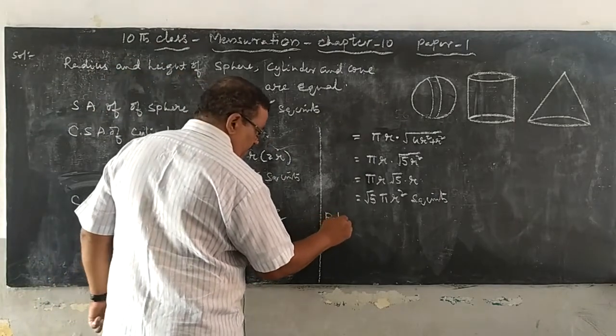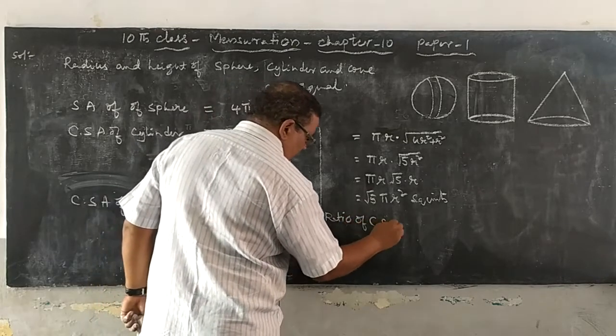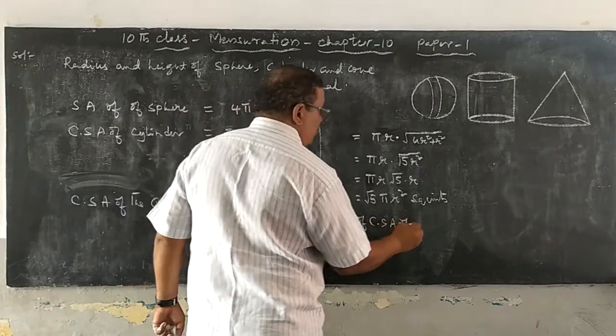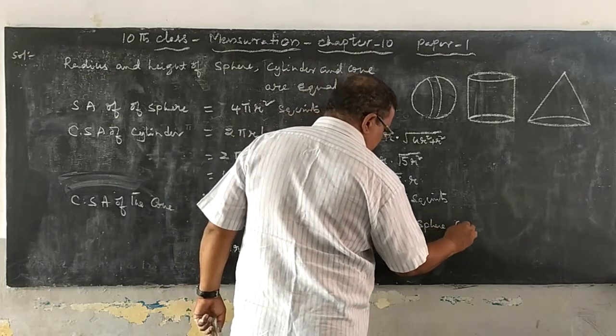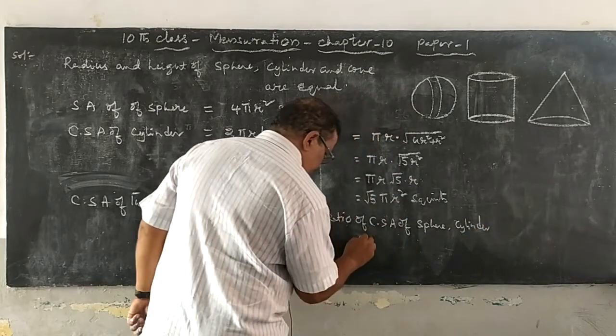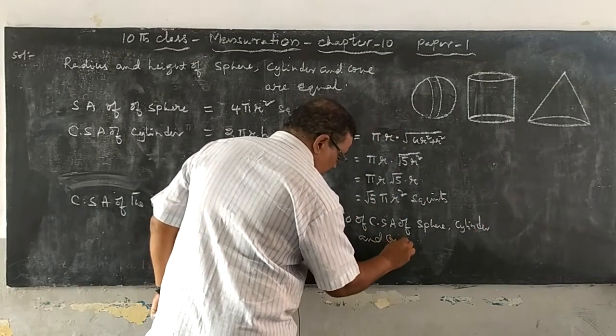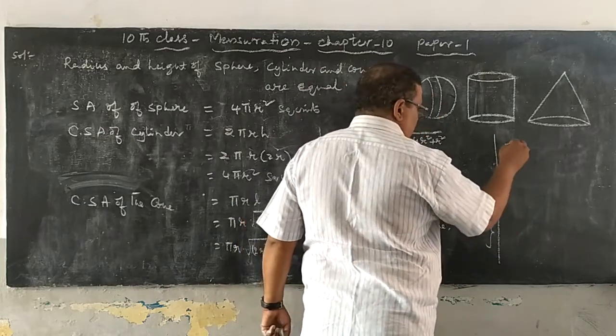Now we need to find the ratio of the CSA of the 3 objects. Ratio of CSA of sphere, cylinder and cone is equal to, how do we write it?